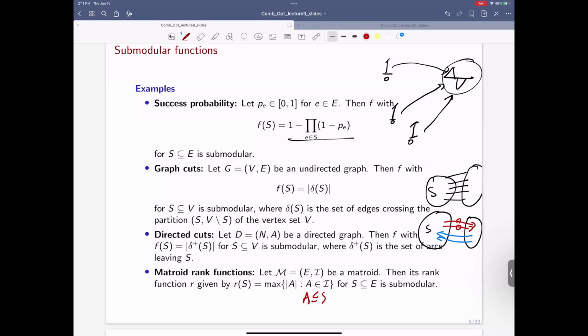When you take a subset of edges, what is the maximum size of such a set. Let me leave it at this point.